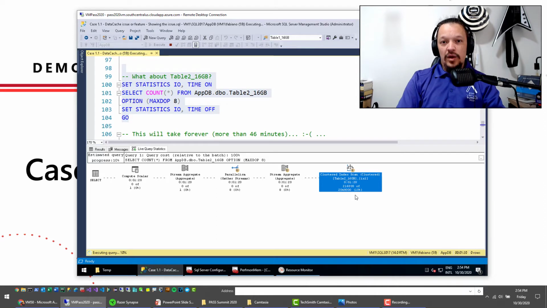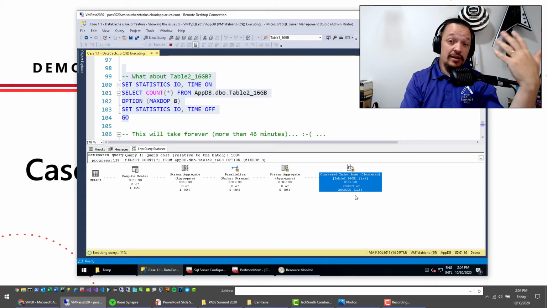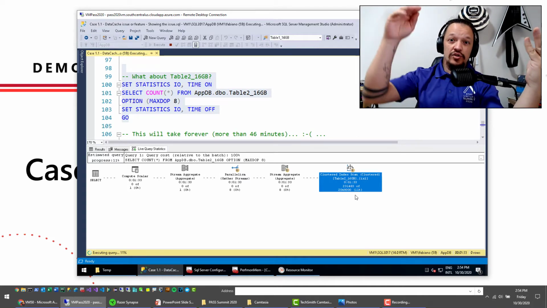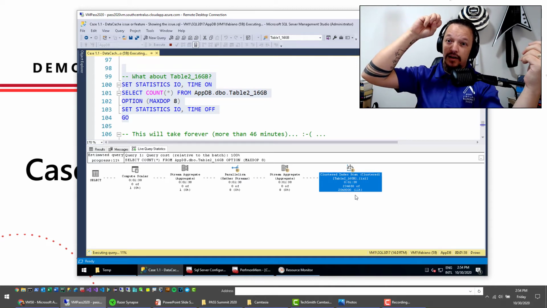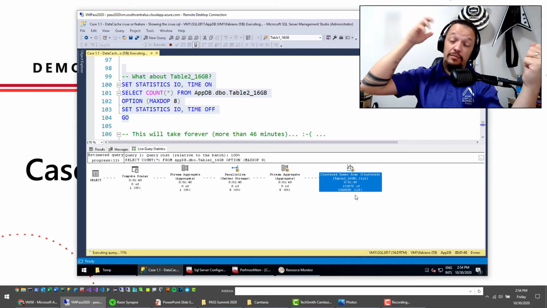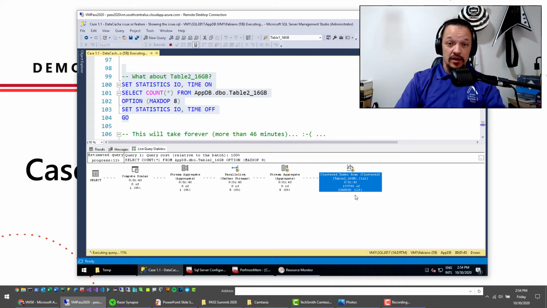But what happens when the buffer pool is full and you need free pages to insert and to read more data from disk? Well, lazy writer will kick in and start to go through the buffer pool and remove some pages from the buffer pool data cache and put them into the free list, right? So the query can read the data from disk and use those free pages. This is exactly what's happening here, and there's no problem with it, except for this case.